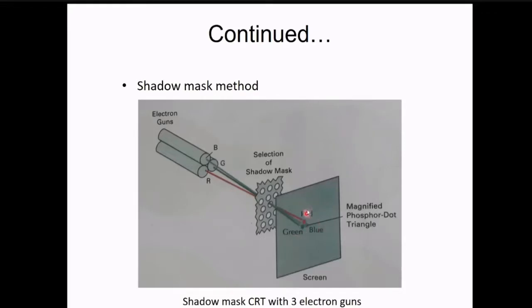Now we have one more unit in the shadow masking technique: the shadow mask. You can think of it as a metal strip, or a simple plastic strip, that the manufacturer uses, having multiple holes in it.